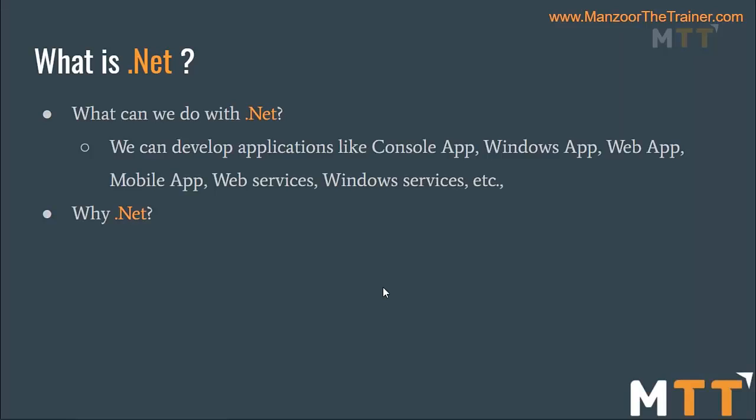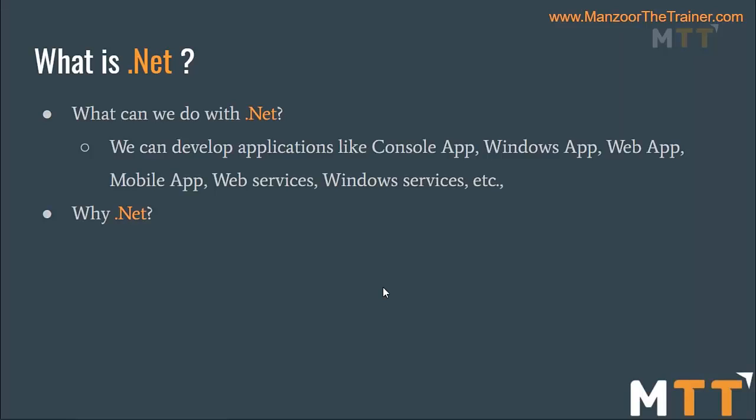First thing. And the special thing about .NET Core is that it is operating system neutral. Means what? In earlier versions of the .NET Framework, you could develop .NET applications only on the Windows platform.